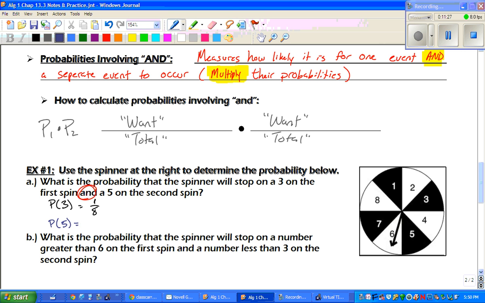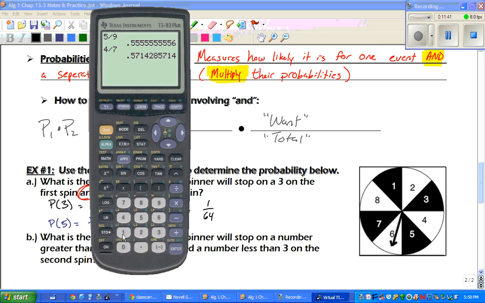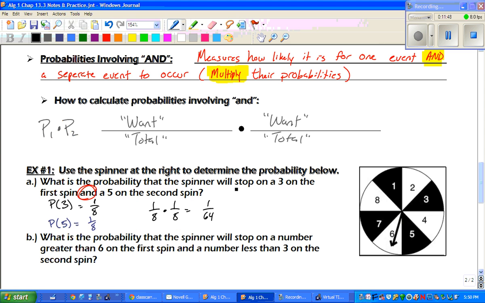What's the probability of it landing on a 5? 1 out of 8. So we would take those two, 1 out of 8, and we're timesing them. And that equals 1 out of 64. So for that event to occur, both of them in a row, 0.015, which when we round that, 0.02. So that's not very likely that that's going to happen.